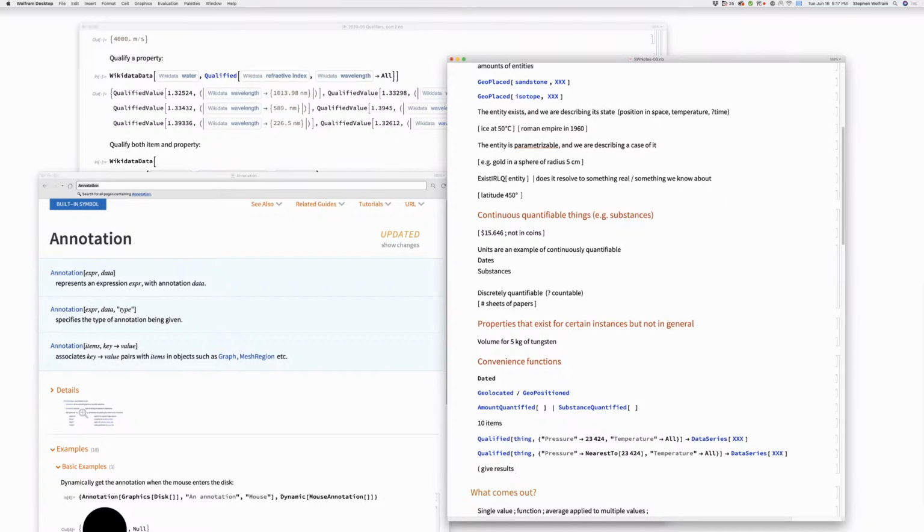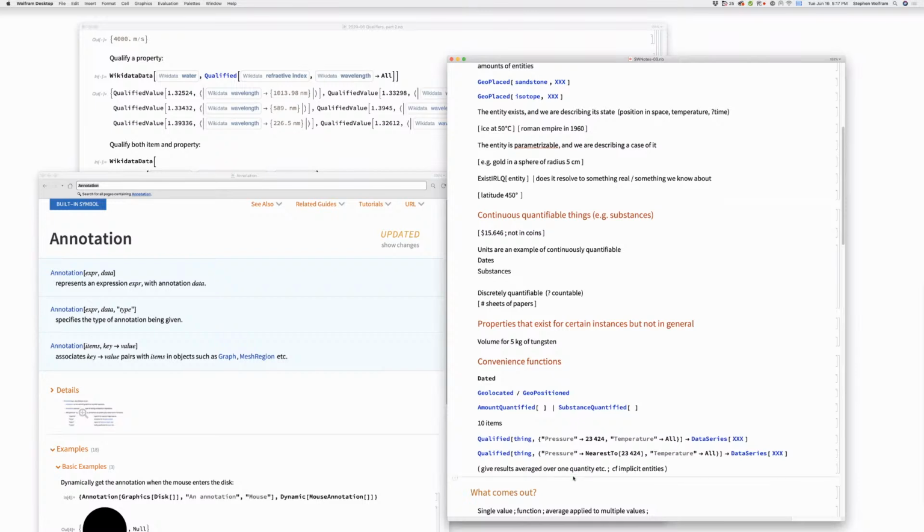Yeah, I understand. Right. Give results like averaged over one quantity, etc. CF implicit entities. So what you're saying is we should think of this as an implicit entity, or possibly an aggregated implicit entity.